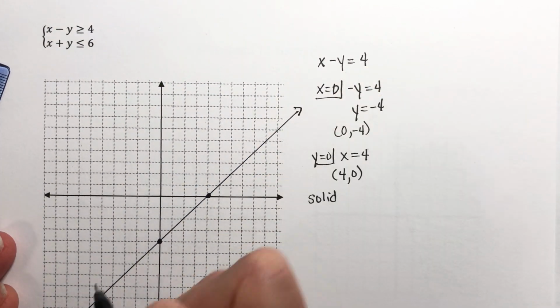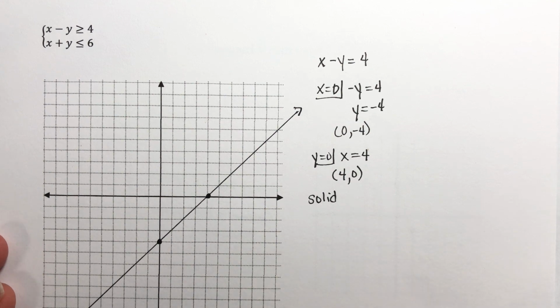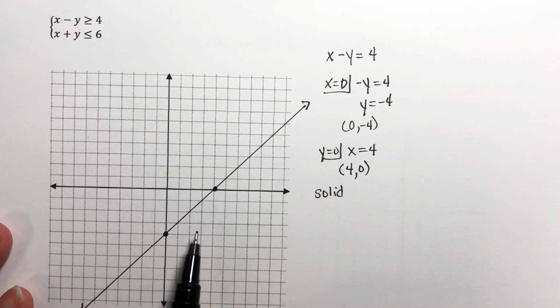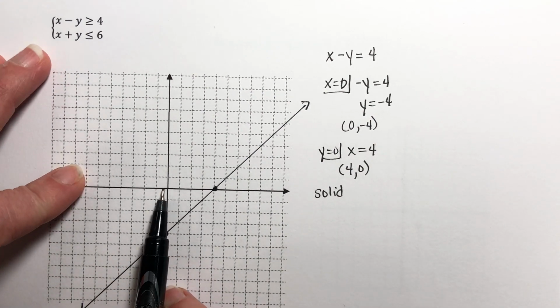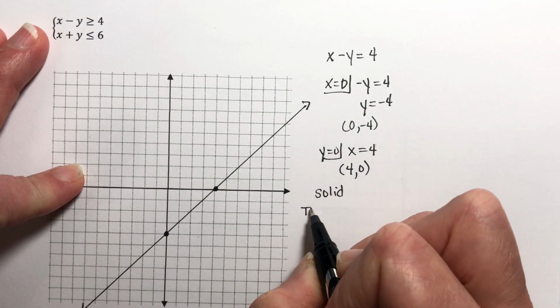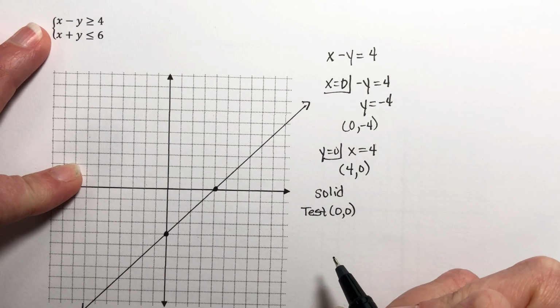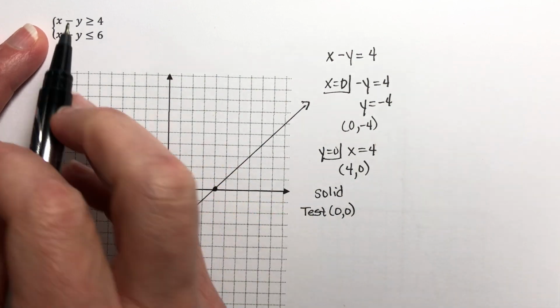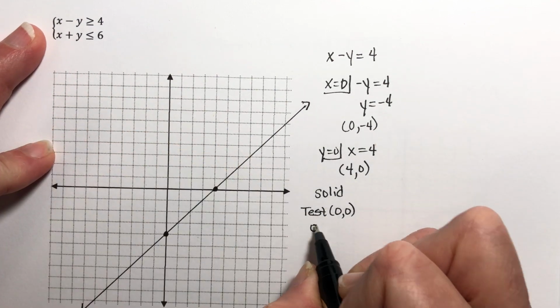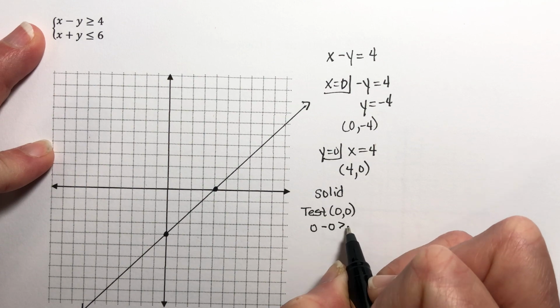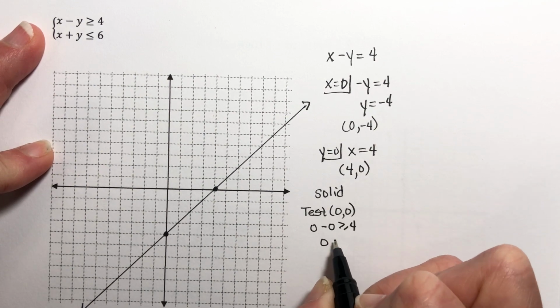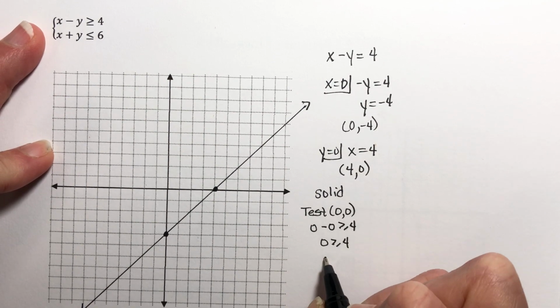Okay, so we have this line. Now we need to figure out which side of this to shade. 0, 0 is available, so I'm going to test 0, 0 and see what happens. Okay, so I'll have 0 minus 0 is greater than or equal to 4. 0 is greater than or equal to 4, which is false.